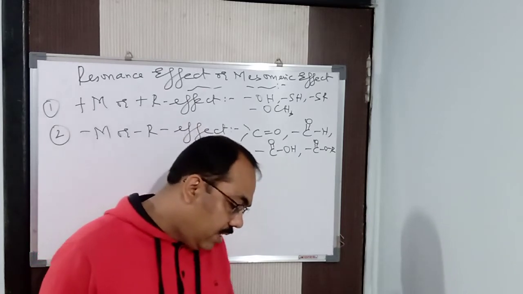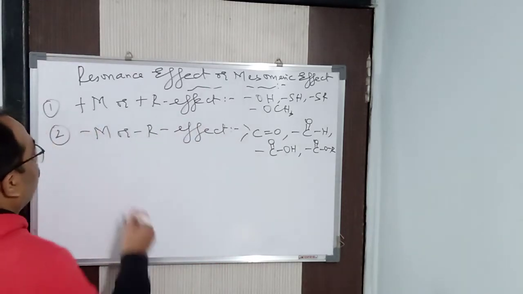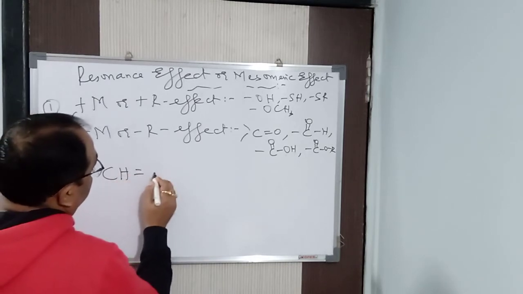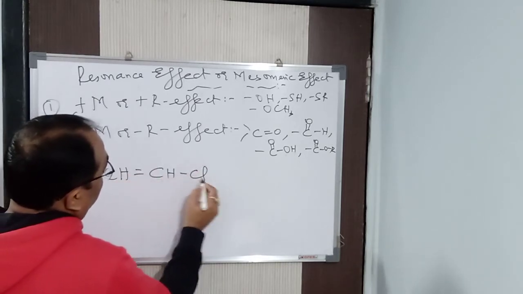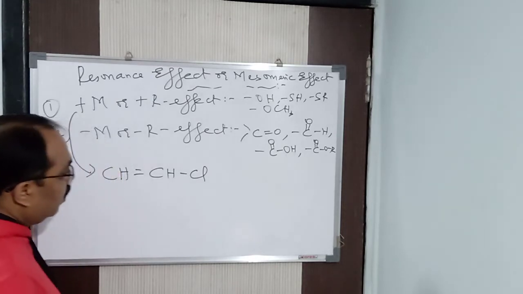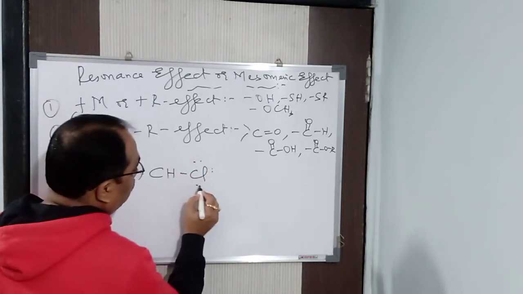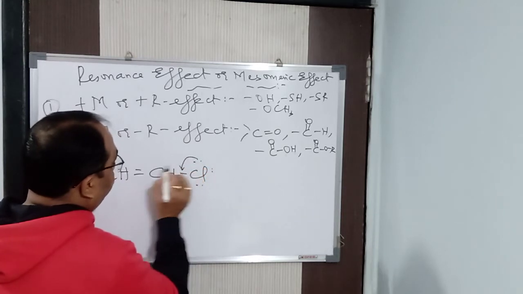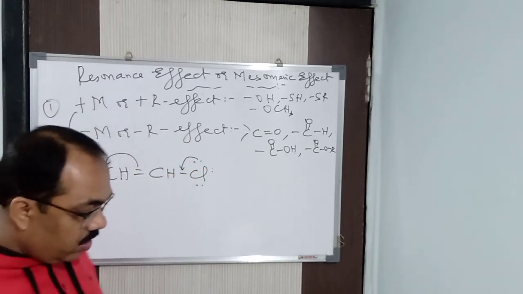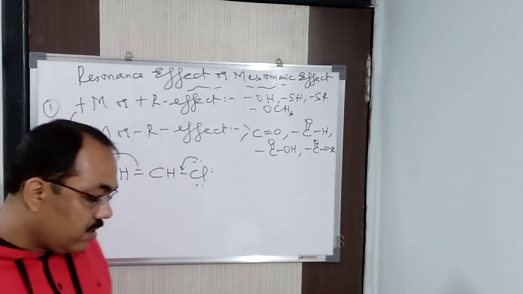Now let me give an example for your plus M effect. Let us say we have CH2 double bond CH single bond Cl. Here Cl will donate its electron pair towards the conjugated system.